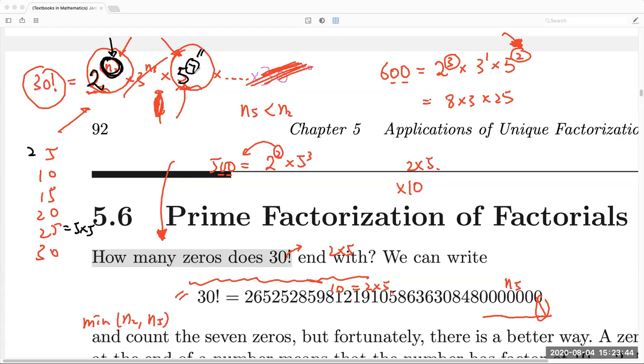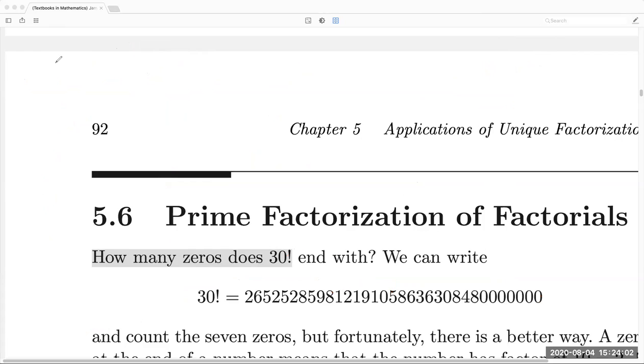So we know that n2 is greater than 7. So that means that the answer should be 7. You can check the zeros here. So you can find that there are 7 zeros. Okay? So if no question, now for the question in number theory, there is actually not a different way to do it.